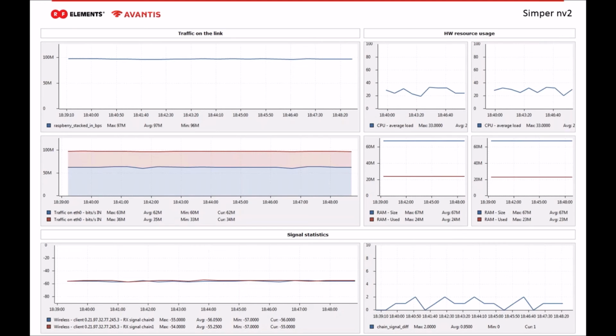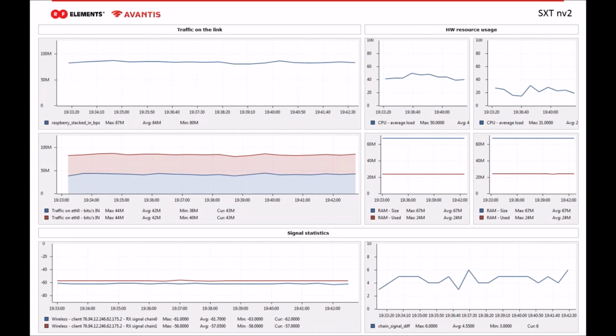This was for the link with the symmetrical sector antenna, and when we use an SXT from MikroTik, in the same graph you can see the gap between those two lines. So there is imbalance between the two chains, and this is quite a big one. It's around 5 dB, and it means that you will receive more errors. So you need to go down with the modulation rate, and also the throughput will go down.